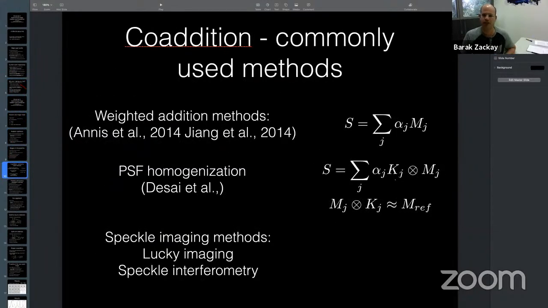But it is a little bit counterintuitive, because if you look at what was done in PSF homogenization, you try to take some target point spread function. So bad images get widened by a small point spread function, a small kernel, and good images need kernels that are very wide.